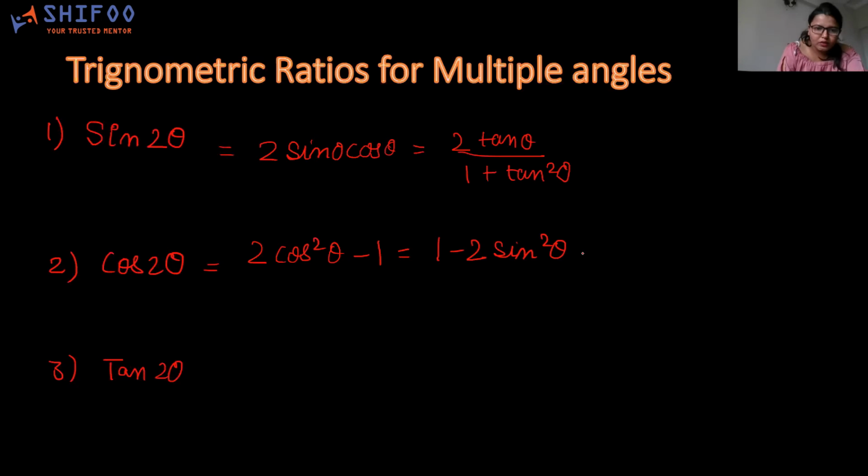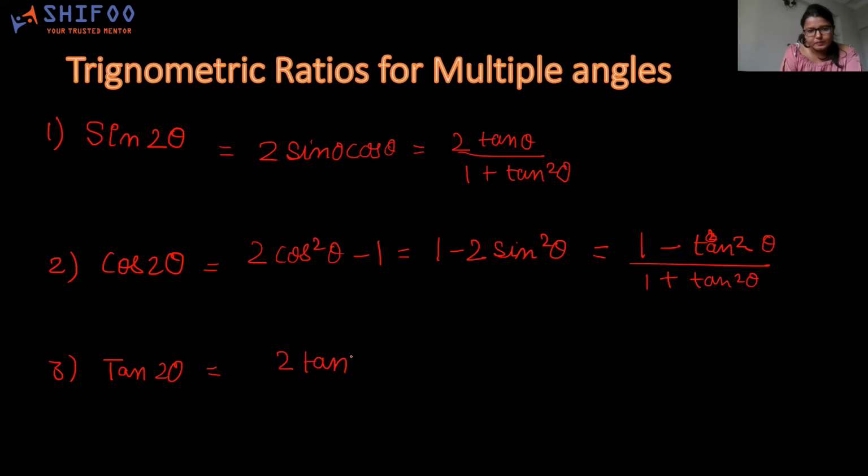And the last one, if you want to write it in the form of tan square, it will be 1 minus tan square theta upon 1 plus tan square theta. Okay, moving on to the last one, tan 2 theta can be given as 2 tan theta upon 1 minus tan square theta. So these are the three trigonometric ratios for multiple angles.